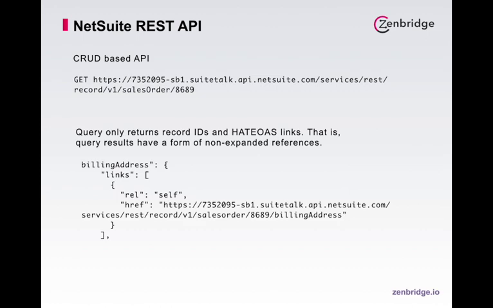Now, instead of giving the data in an expanded form, they have given a URI. So you need to follow this URI and make an API call to fetch the billing address of that particular sales order. This is the design pattern they follow. Of course, there is an option to get this in one single shot. I think you need to send a query parameter called expanded, and set the value as true. I don't want to get too technical here, but there are options to get the data in one go as well. But this is the design principle that they primarily follow.